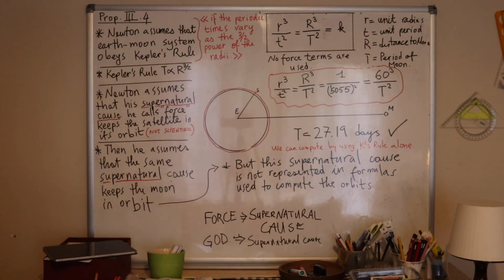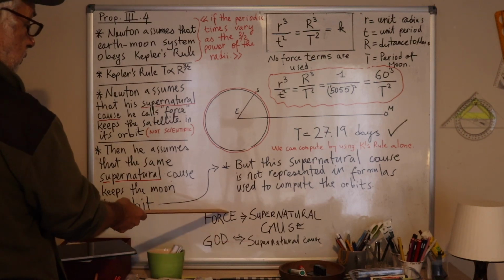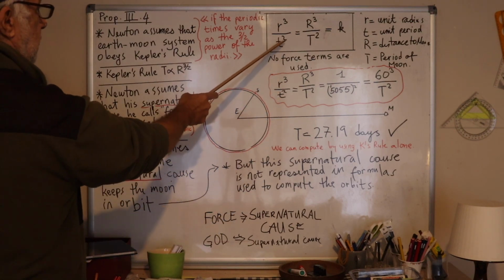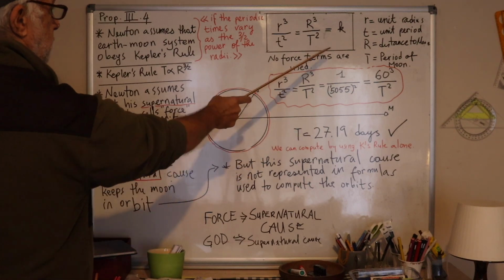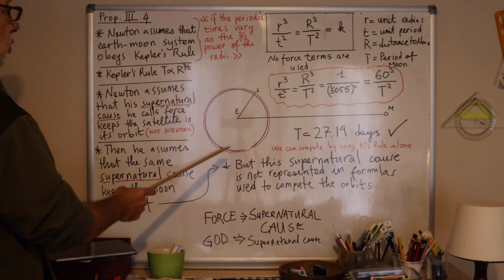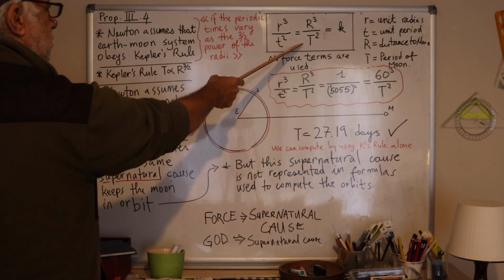And Newton says in several places in the Principia that God makes the solar system work. Why can we say that, instead of force, we can use God? Because force is not used in the formulas to compute T. No force terms are used. So we can say God holds in orbit, but we don't have to use God in Kepler's rule.